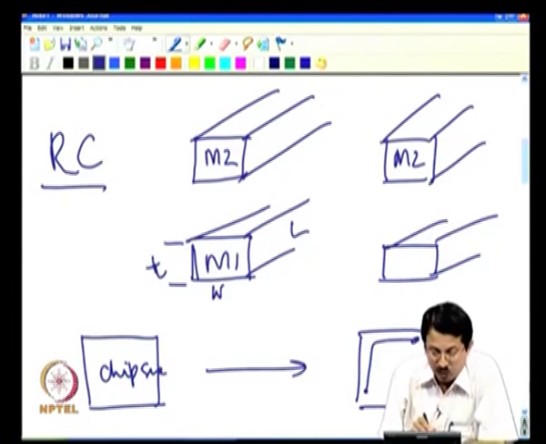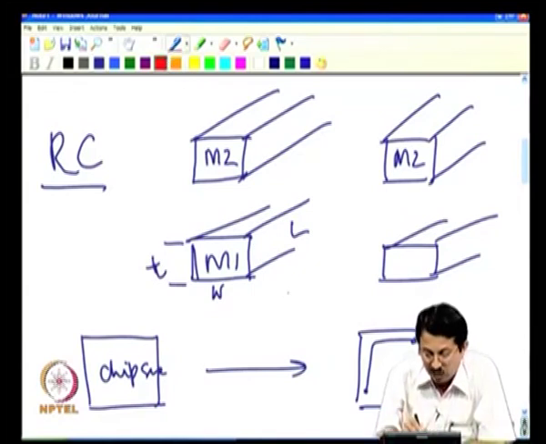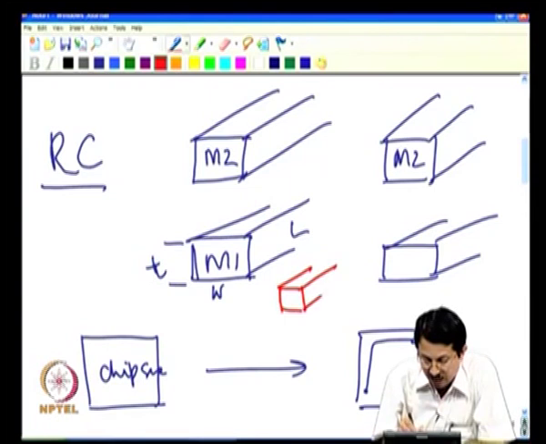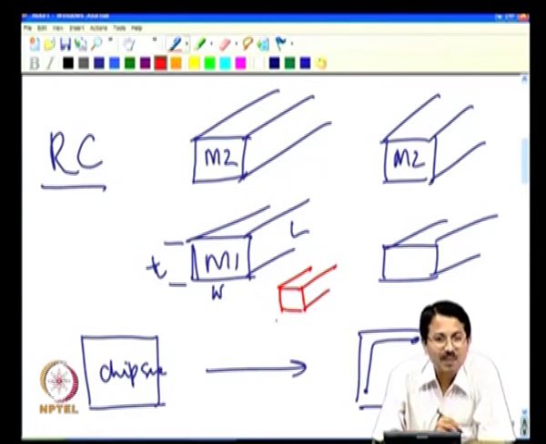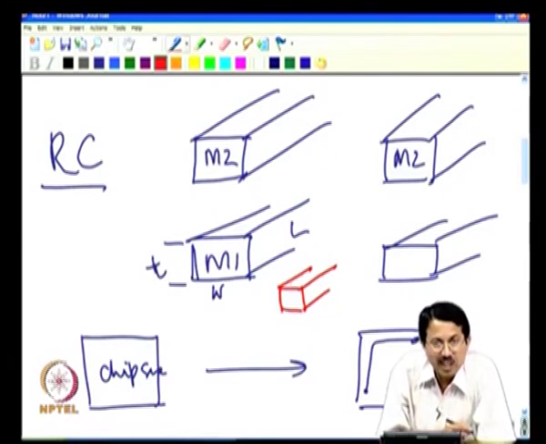Scaling, I need to scale the width, I need to scale T. If I go from this technology to a new technology of metal interconnect, the thickness has come down, the width has come down. What is the implication? Resistance goes up, because your cross section area for conduction is going down.